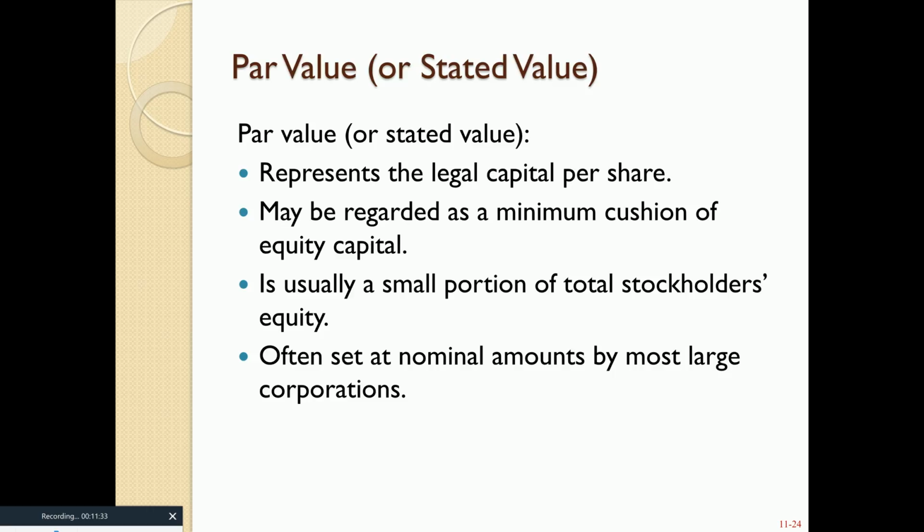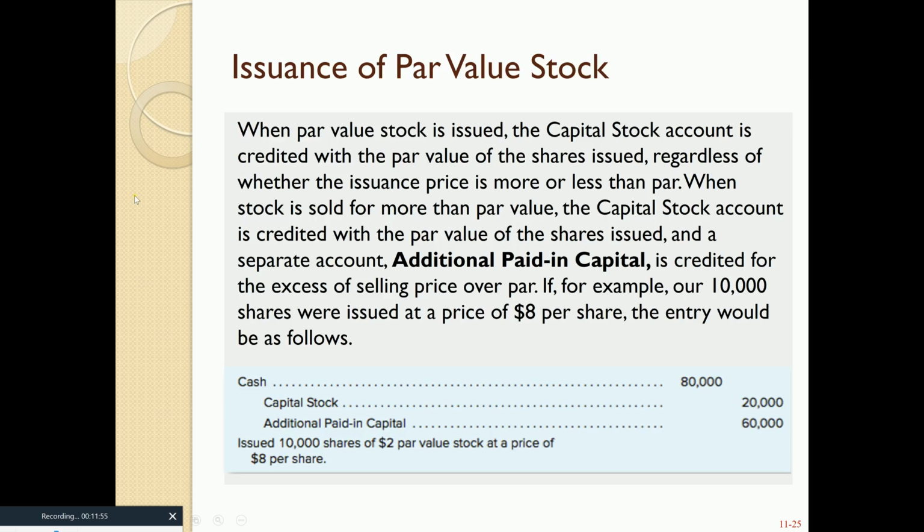So we're going to utilize that $1 per share when we record the sale of the common stock originally to the original investor. The stated value has nothing to do with market value. So one thing you have to understand is this par or stated value is not representative of the market value. Let me give you an example journal entry so you understand this.